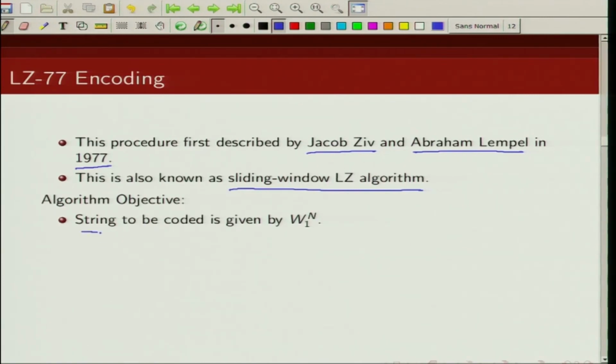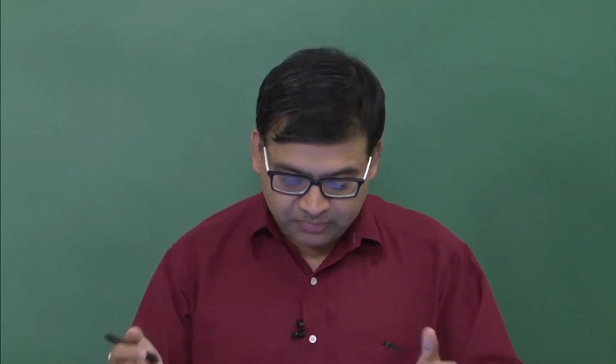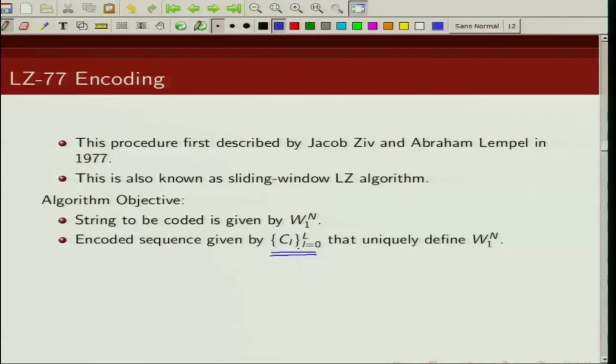So we are given a string of n bits that we want to compress, and the set of code words is given by C of l, and these code words uniquely determine the substrings, or this set of code words completely describes the string that we are encoding.